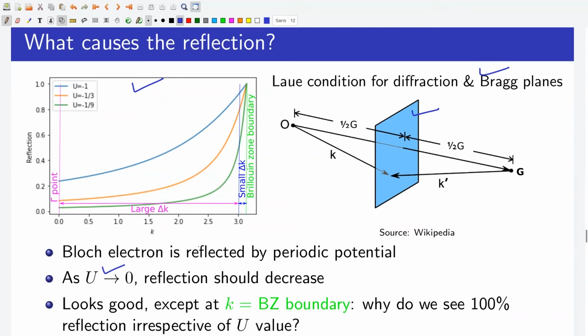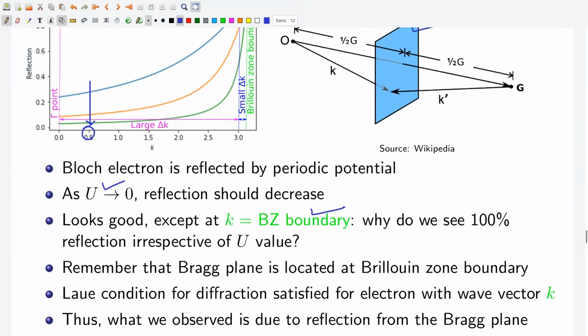For example, take some k point like k equal to 0.5. We see that reflection decreases with decreasing value of U. It is as expected, except when k is equal to the Brillouin zone boundary. Here we see 100% reflection irrespective of U value.